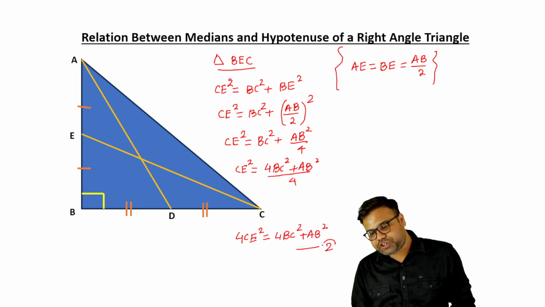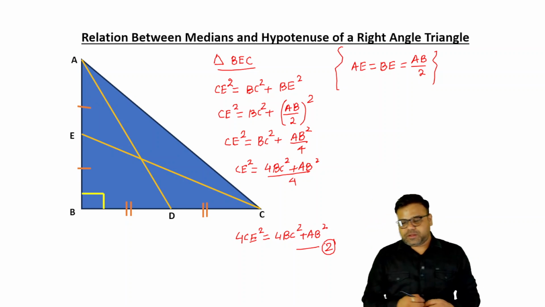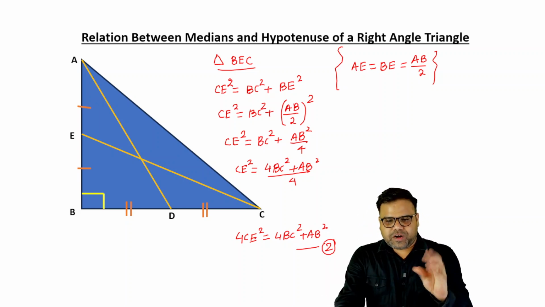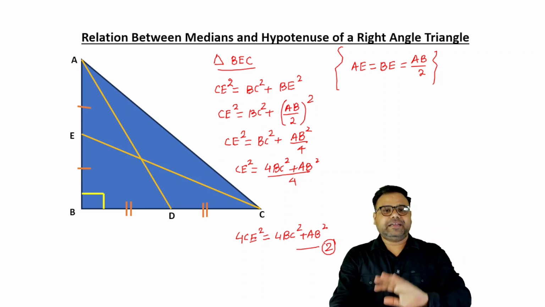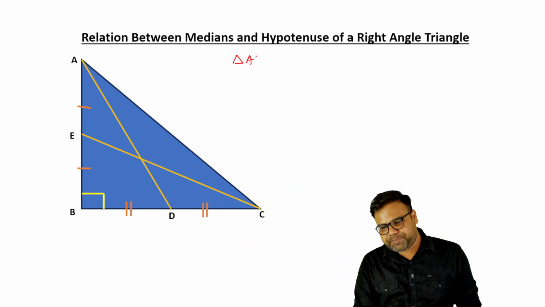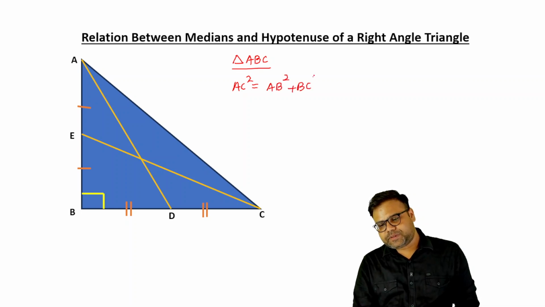This is my equation number 2. Now I applied Pythagoras theorem one more time in triangle ABC, and you will get AC square is equal to AB square plus BC square. This is my equation number 3.